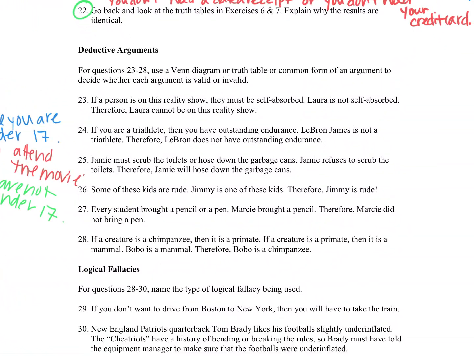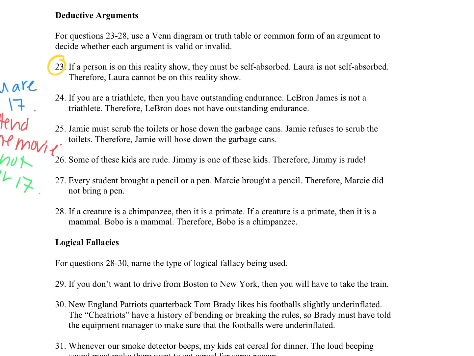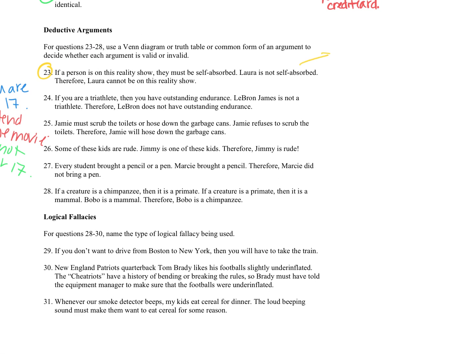All right, for 23 through 28, we're just going to skip around to some of these. Looking at question 23, we're trying to decide if these arguments are valid or invalid. For 23, it says, if a person is on this reality show, they must be self-absorbed. Laura is not self-absorbed, therefore Laura cannot be on this reality show. Right away, I picture some if-then statements. So I'm going to write the argument here.